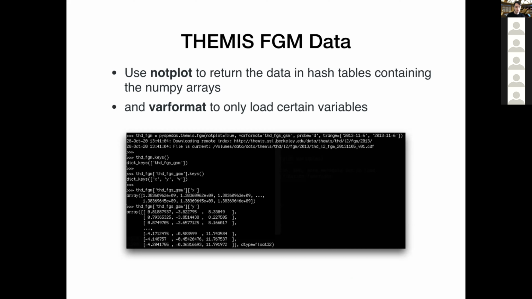For some reason, there's a depend 1 on these files. But the x are the times, the y are the actual FGS values. So you can access the NumPy arrays just by referencing those hash tables. And again, this doesn't load the files into pytplot variables at all, so you can completely avoid pytplot variables here.